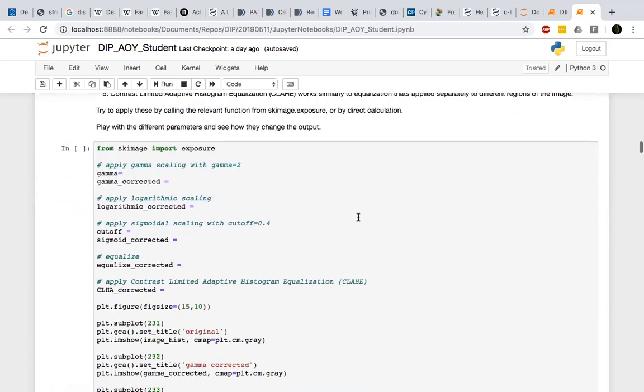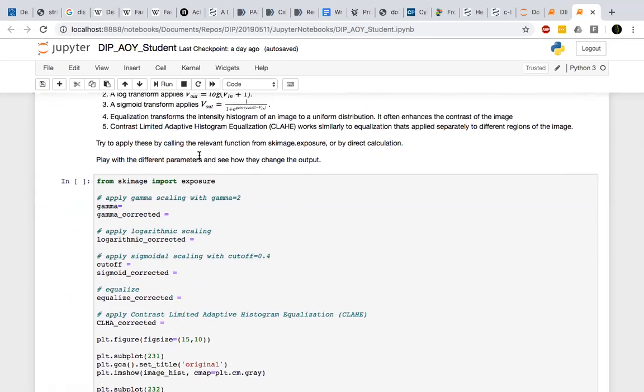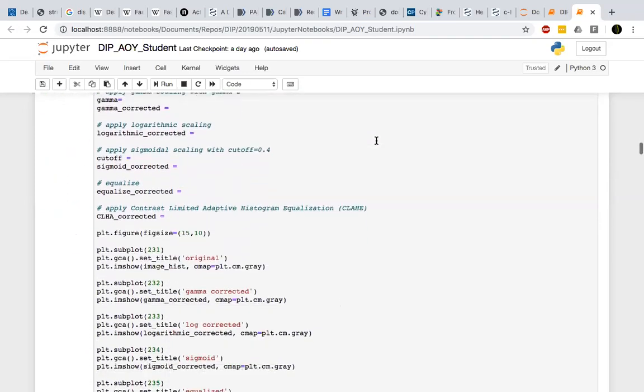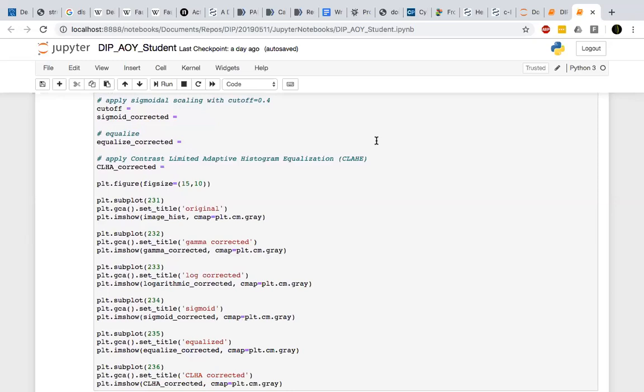Other stuff, other transforms? Now, if you finish ahead of time and you have some time to spare, you can look at other stuff from the exposure module and see if there are any interesting things that you can play around with. And just feel free to add whatever you want to add. It's your code.